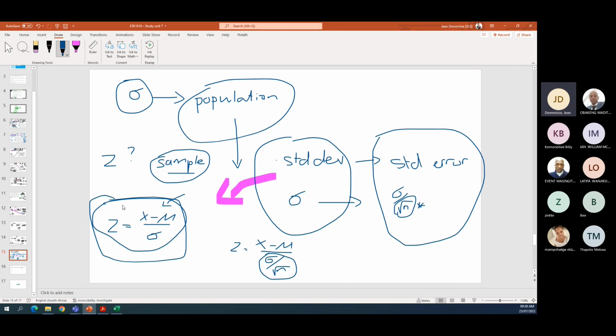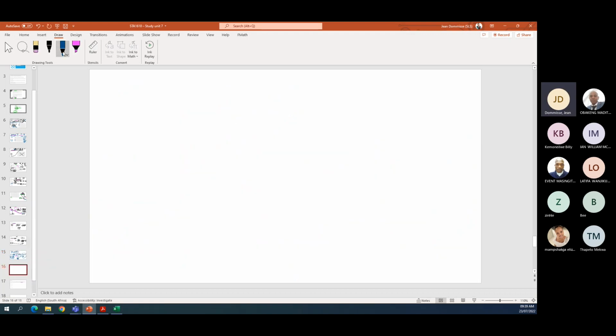So that's why it's so important, if you go through the assignment, the 3 things for me that you need to look for in the assignment is that if I talk about the population, or if they exclude the word sample, then it is study unit 6.